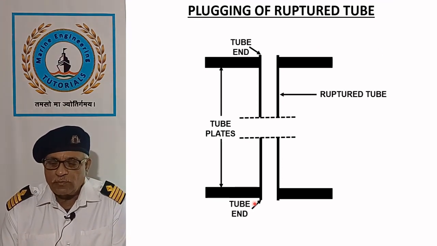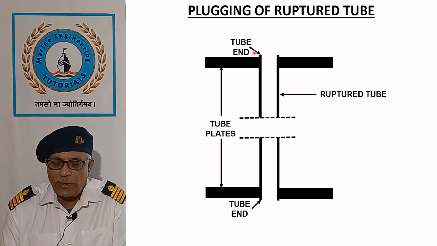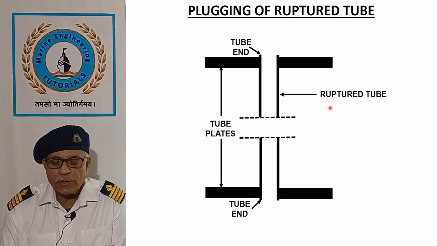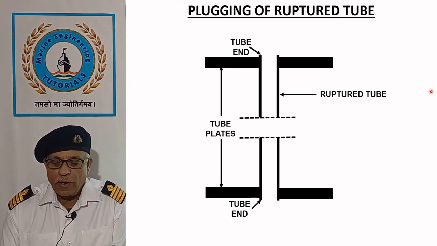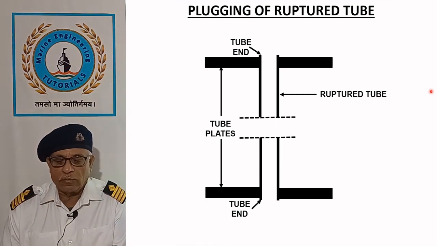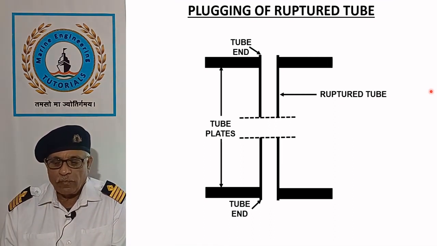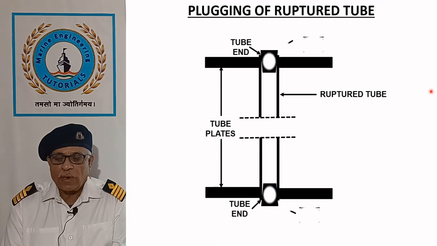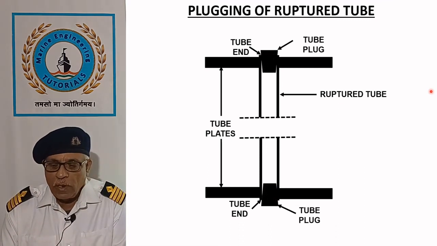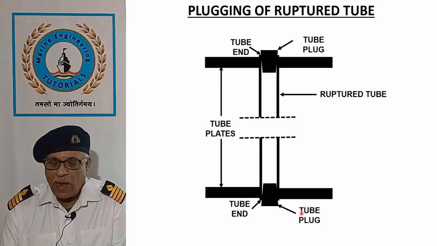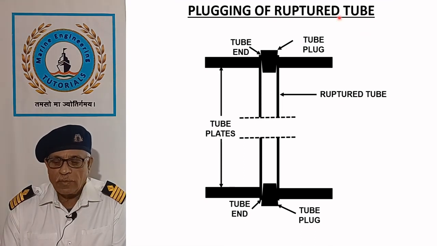Both ends of the ruptured tubes are thoroughly cleaned with wire brush or emery paper to remove any deposit and ensure good sealing between tube and plug. Tube plugs are then inserted into the tube ends and hammered in lightly.